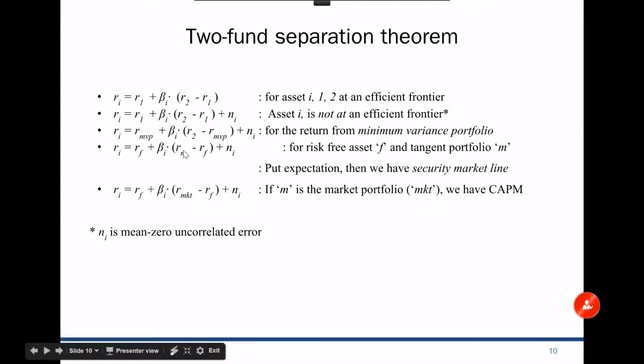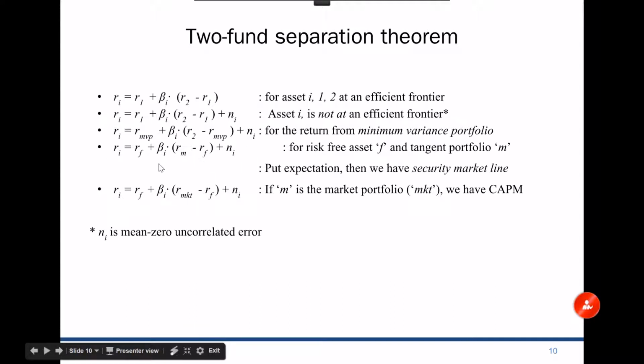They actually did this with the tangent portfolio, not the market. So for some asset, what they empirically found is that for this expected return, if we put expectation on each side, this goes away.